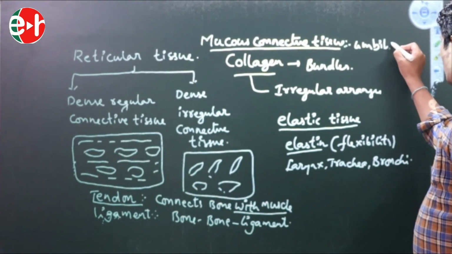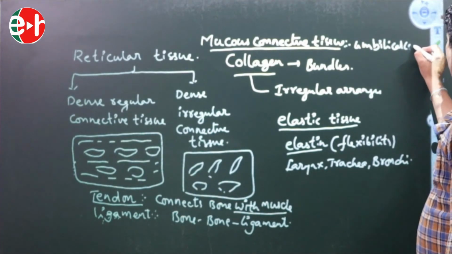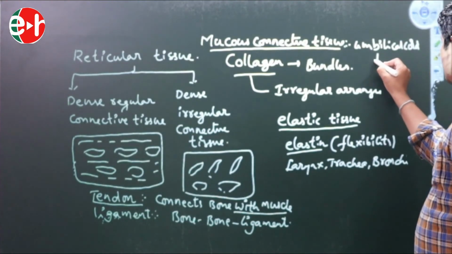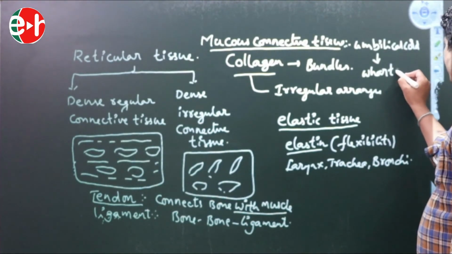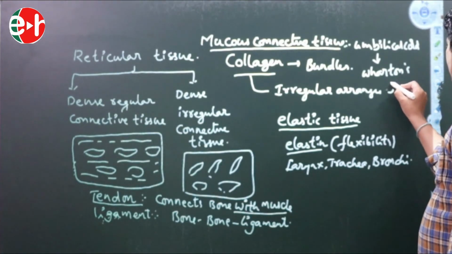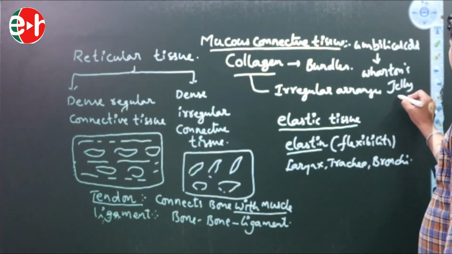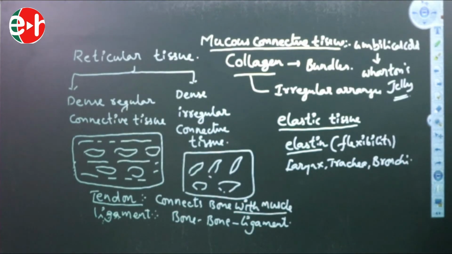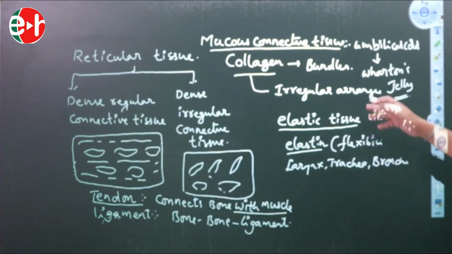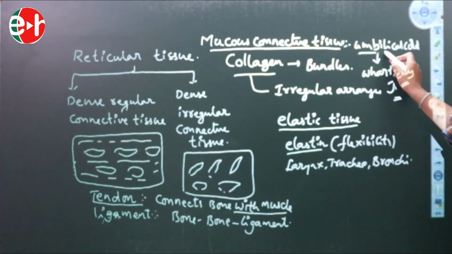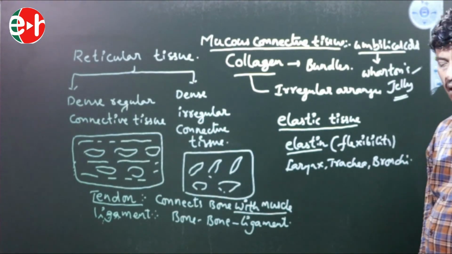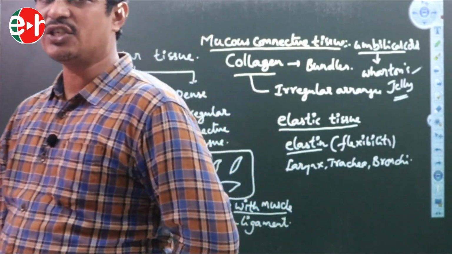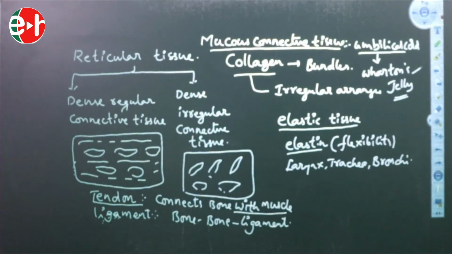In the umbilical cord, this mucous connective tissue is present as Wharton's jelly. This is a mucous connective tissue, among the different connective tissues in our body.